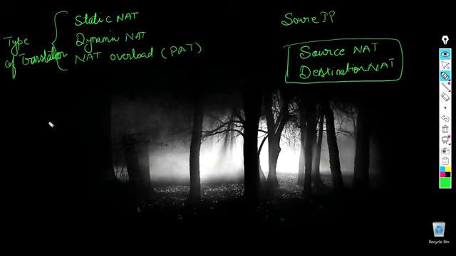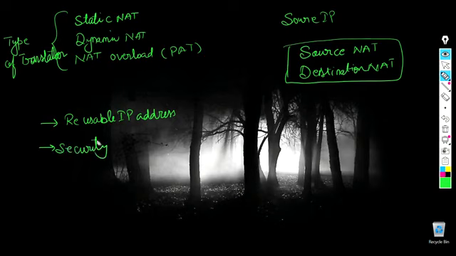If you talk about the benefits of NAT, one benefit is reusable IP addresses, right? Another is security purpose, because whenever there is a NAT, our private IP address is not exposed to the internet.